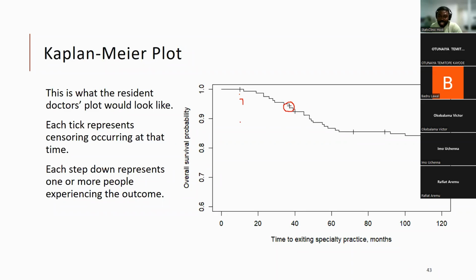And basically what this says is that when you start the population, you have everybody in your population. None of them have experienced the event. None of them is censored. But as you go over time, some people either experience the event or are censored. By the end of the study, it's either everybody has experienced the event or censored, or you don't know whether they have experienced the event, and so you end the study and administratively censor the rest of the people.